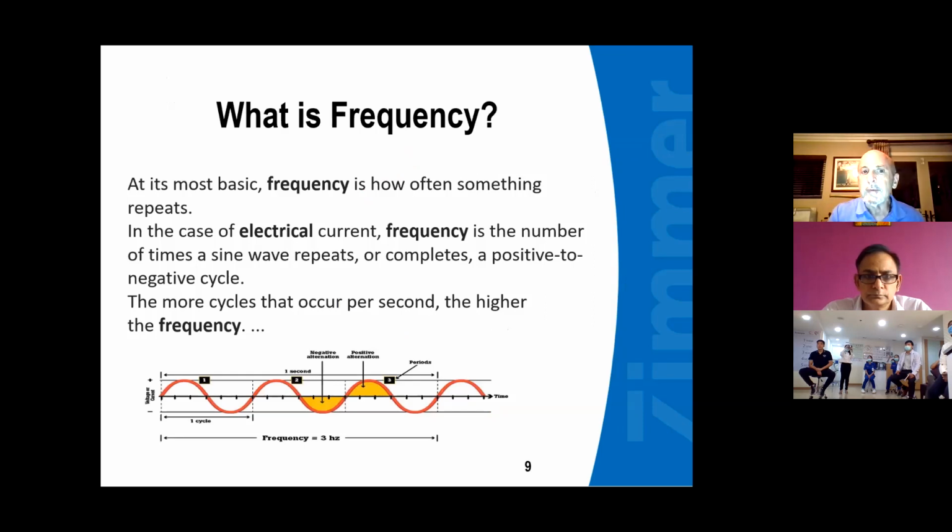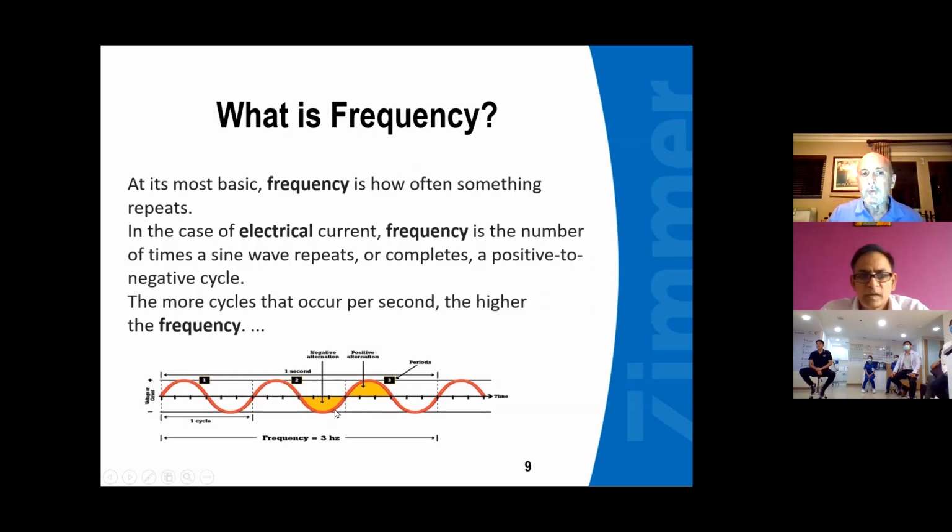Quick review. What is frequency? Again, frequency at its basic is how often something repeats. Think about current, our alternating current that Mr. Tesla actually developed. The faster or more cycles that occur, the higher the frequency, going from a positive to a negative, positive to a negative.